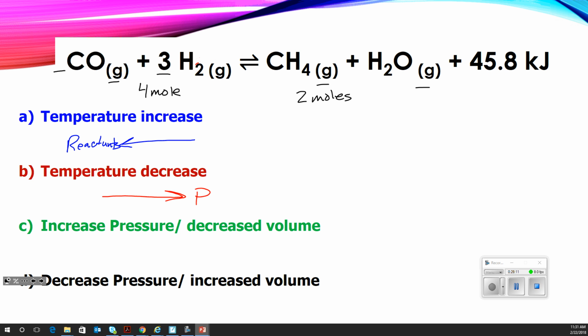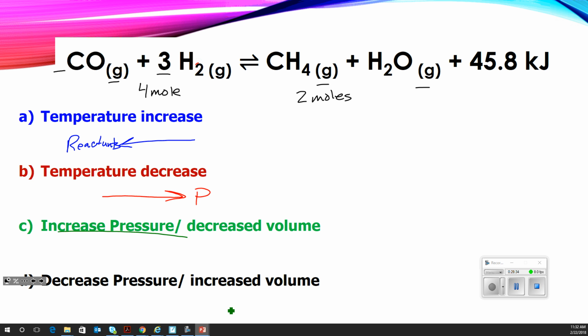And let's talk about pressure. So if I increase the pressure or decrease the volume, what's going to happen to the moles of gas? Which side is more favored if I'm increasing pressure? The right side, because there's less, yeah.